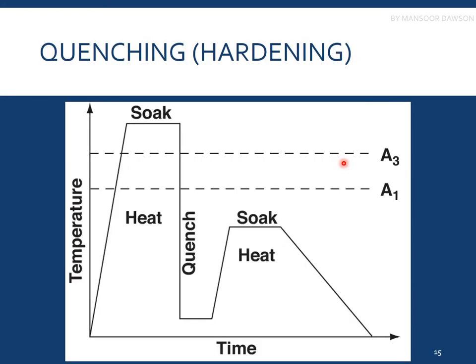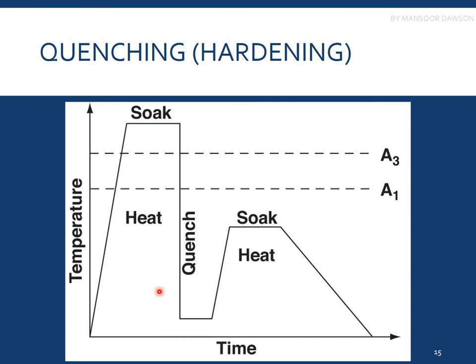Okay, so now we have quenching. What we do in quenching is we heat our material, soak it at whatever temperature we require, and then we suddenly cool it down at a very fast rate. So we get a structure which is called martensitic structure. Okay, a martensitic structure is very hard, and the heat is not completely diffused out in that structure.